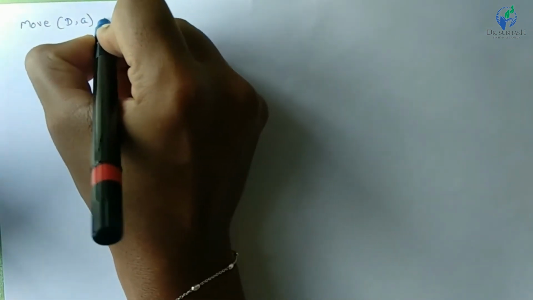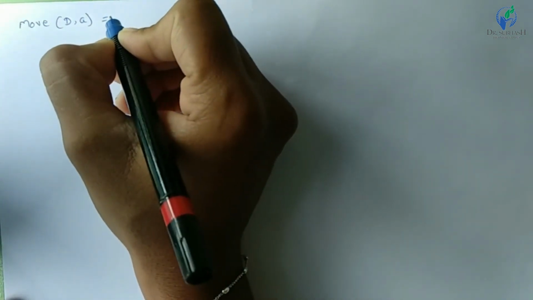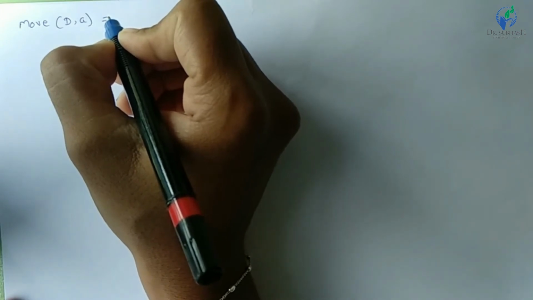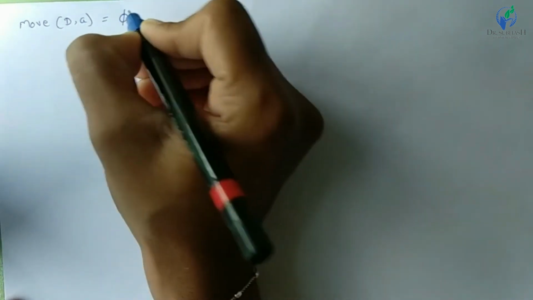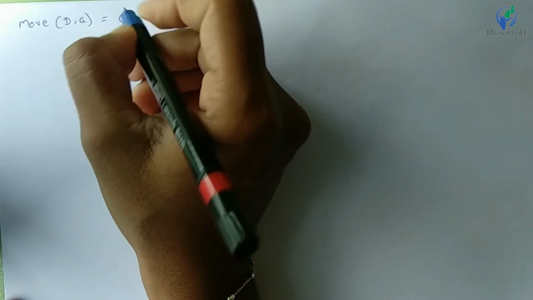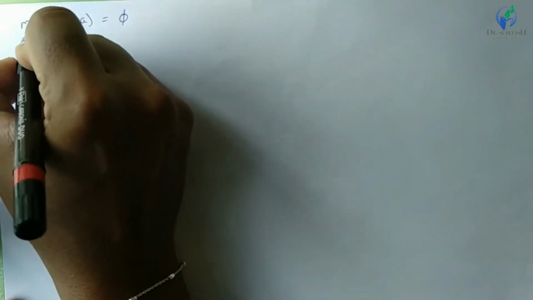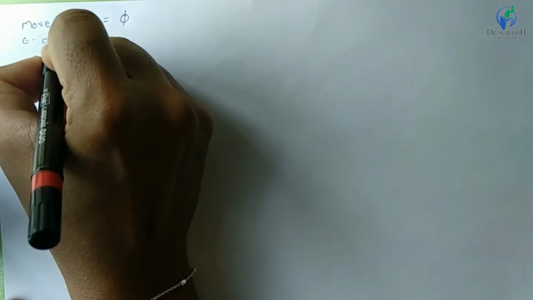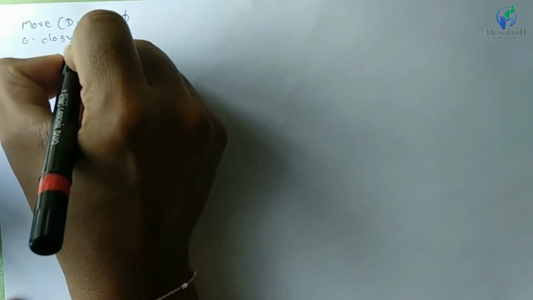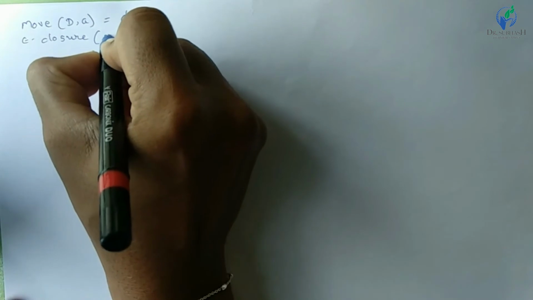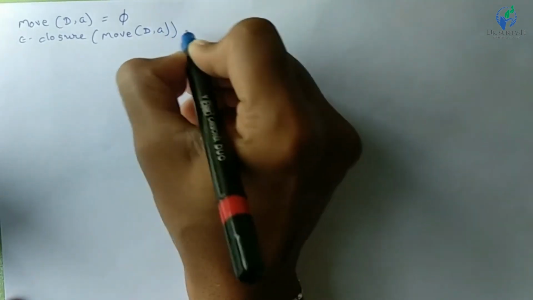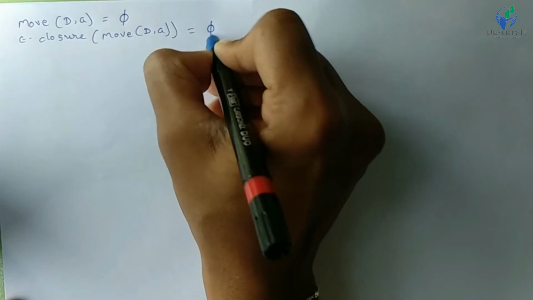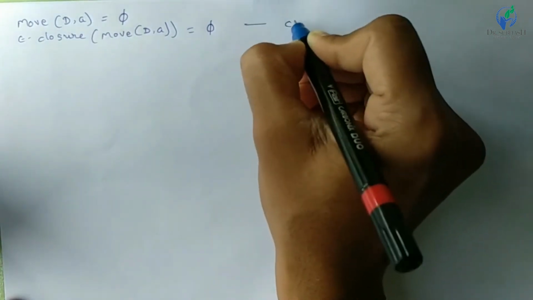Move D to A is equal to 5. Epsilon closure of move D to A is also 5, which is indicated by state C.